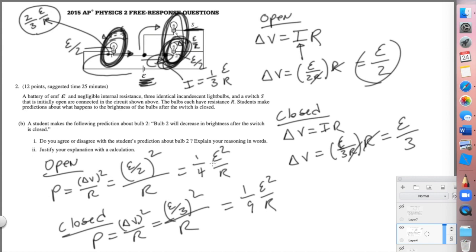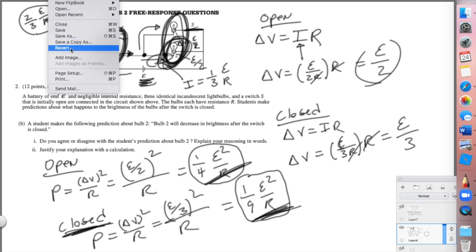What we can see is that when the switch is closed, the power of bulb number 2 is significantly less than the power of bulb number 2 when the switch is open. So these are the calculations that would verify it. We see that with the switch closed, the power of bulb 2 is smaller, and compared to when the switch is open, the power is greater.